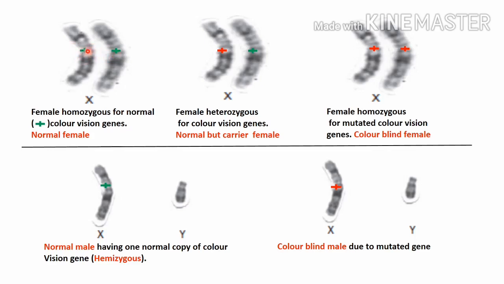If these genes are normal and present on both X chromosomes, then this female is homozygous for normal color vision or the hemophilia gene, and the female will be normal.